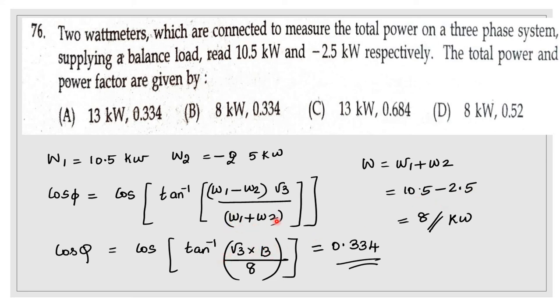And W1 plus W2 is 10.5 minus 2.5 into root 3. If you multiply this and finally take the cos, we'll get the answer 0.334. So the option B is the correct answer for this problem.